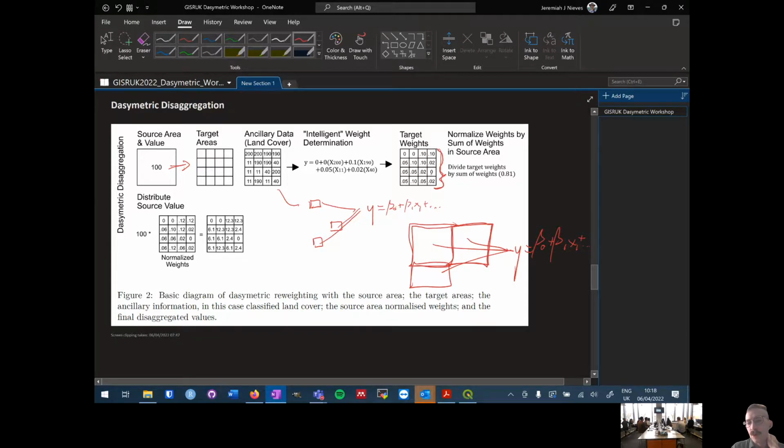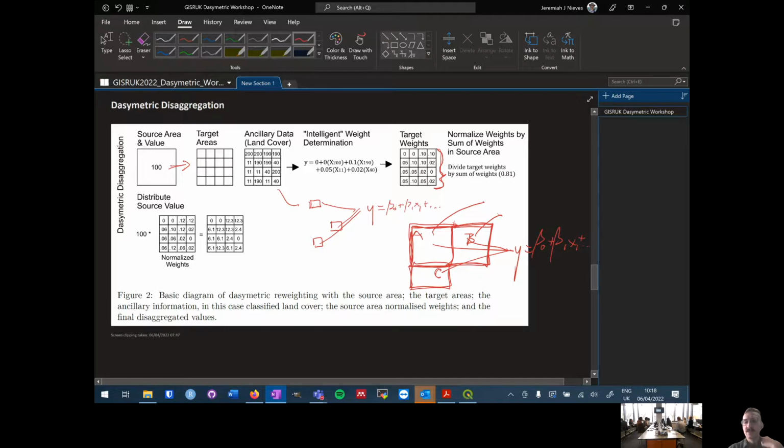So we divide them all by 0.81. So what this means is that for each source area, so if we look here in the bottom right, we've got 3. We are going to be relatively distributing the population count in area A relative to its weights. In area B, we are going to distribute it relative to its weights as well, independent of A.